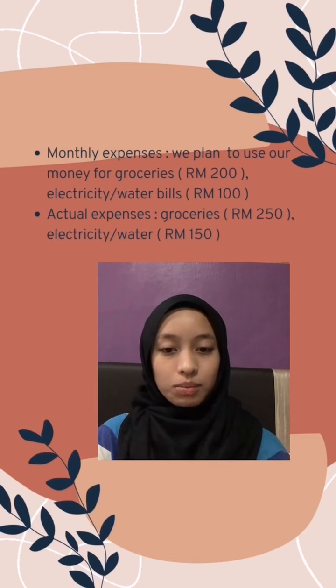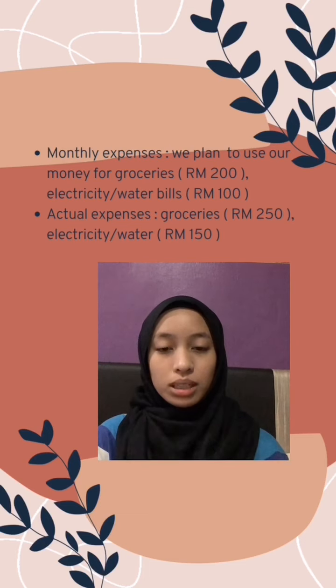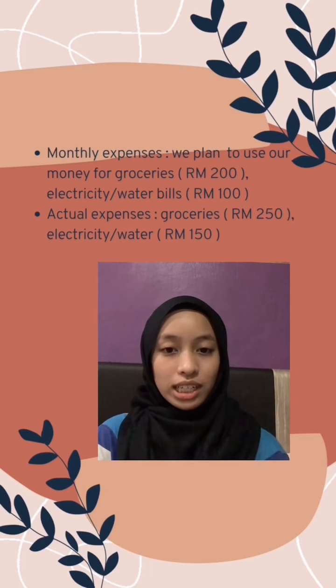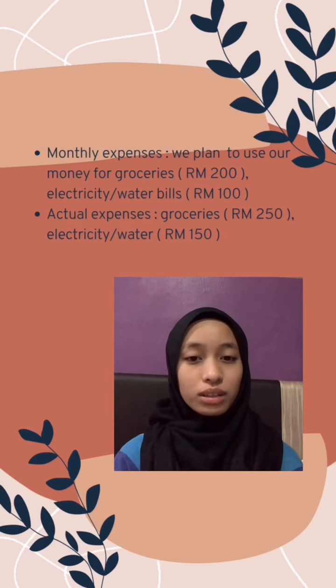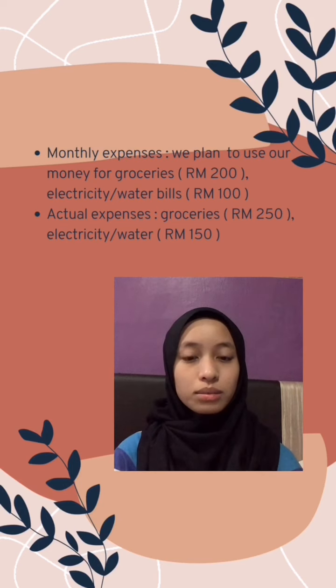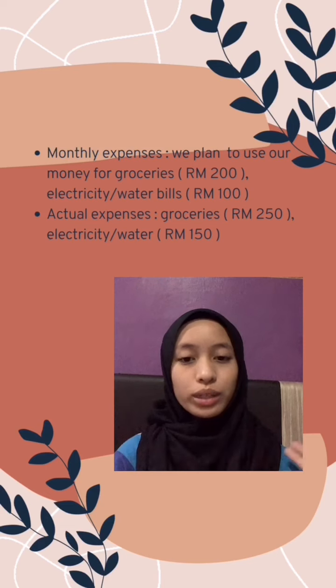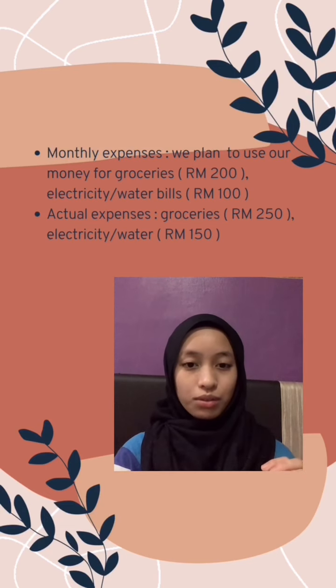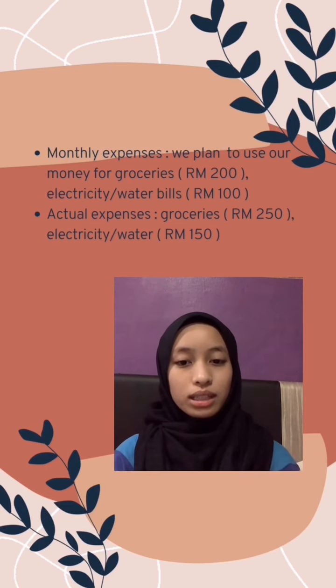But for the actual expenses, we spent 250 ringgit on groceries, and electricity and water bills were 150 ringgit. From this, we know that there was an increase in our bills and groceries. So we need to reduce 50 ringgit from each one so that we can achieve what we planned for the payment of each one.